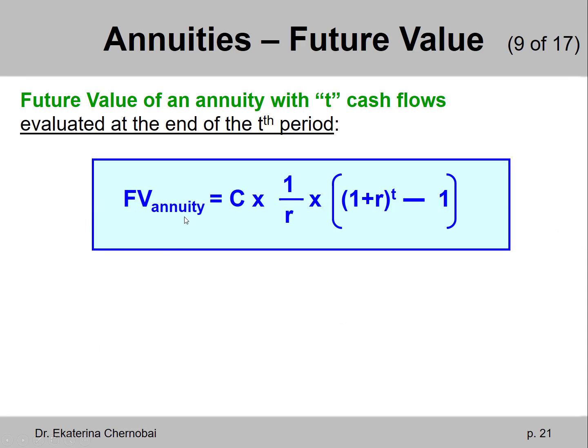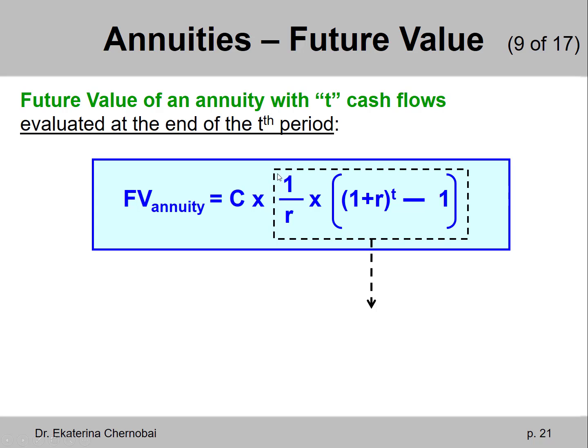It finds the future value of an annuity with T many cash flows evaluated at the end of the Tth period. So you take the annuity payment, which is labeled as C, which stands for cash flow, multiplied by the fraction 1/R, then multiplied by open parenthesis 1 plus R, that term raised to the Tth power, then you subtract 1, close parenthesis.